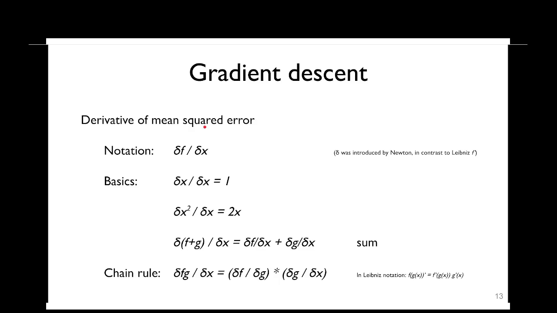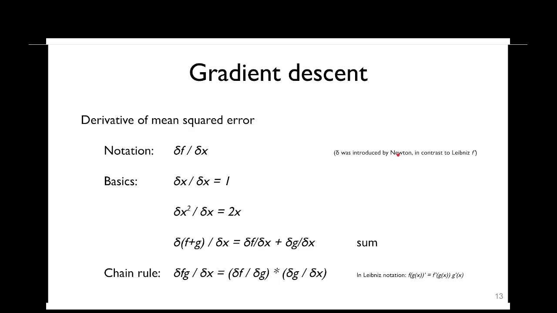Generally we follow the notation delta f over delta x, which was introduced by Newton. You may remember the Leibniz notation f prime from your math lectures, but since neural networks also have a foundation in physics, and Newton introduced calculus with a physics view, we're going to follow the Newton style of writing derivatives.